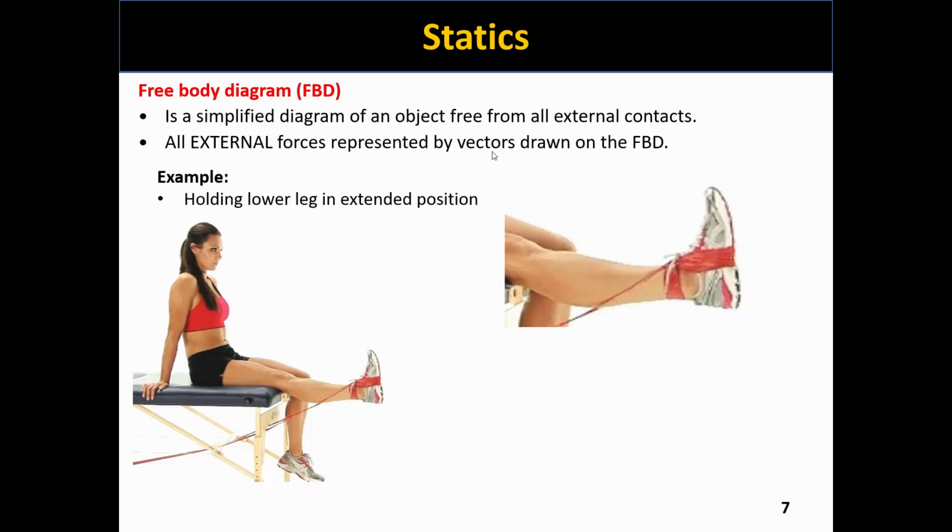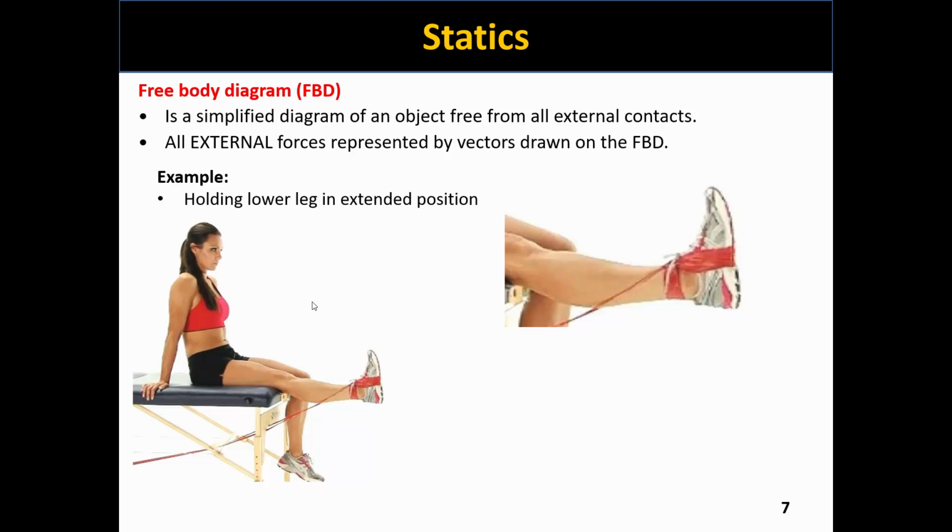That free body diagram will represent the system of interest, and we're going to draw those forces with vectors. So in our example here we have a patient performing a knee extension exercise where an elastic tube tied to the table is providing an extra degree of resistance while this person holds the leg in this fully extended position by contracting the quadriceps muscles.